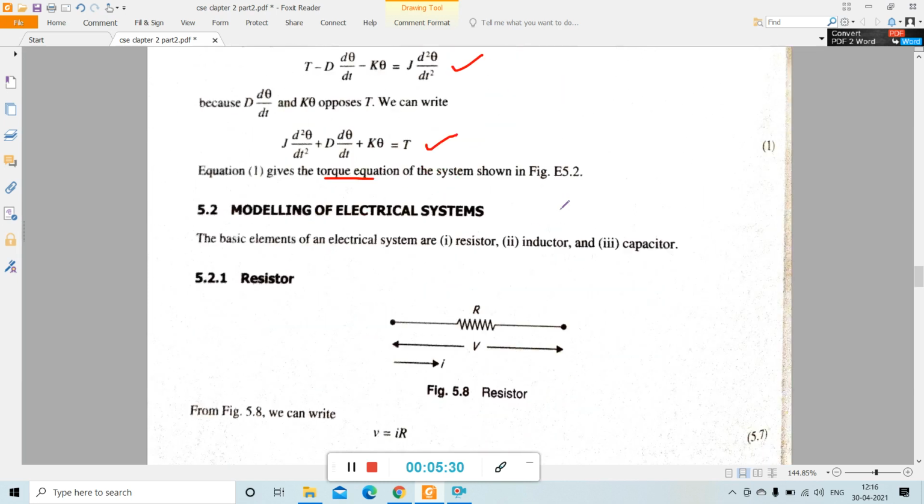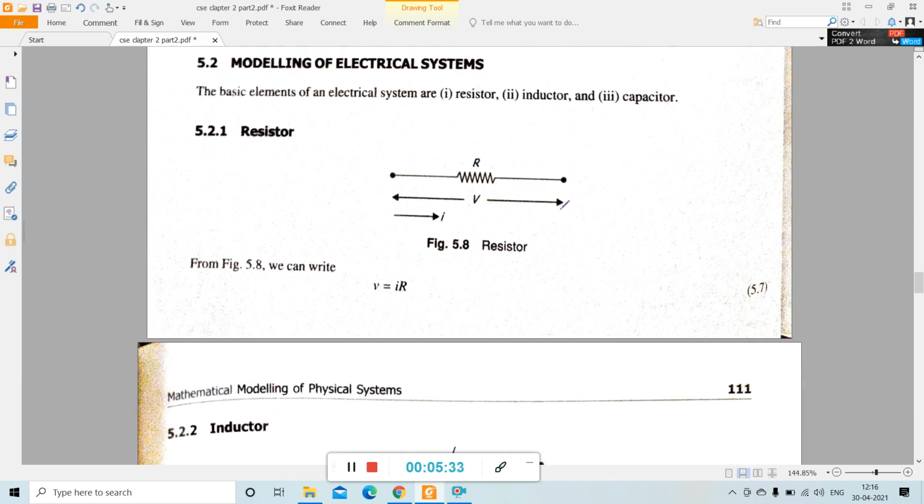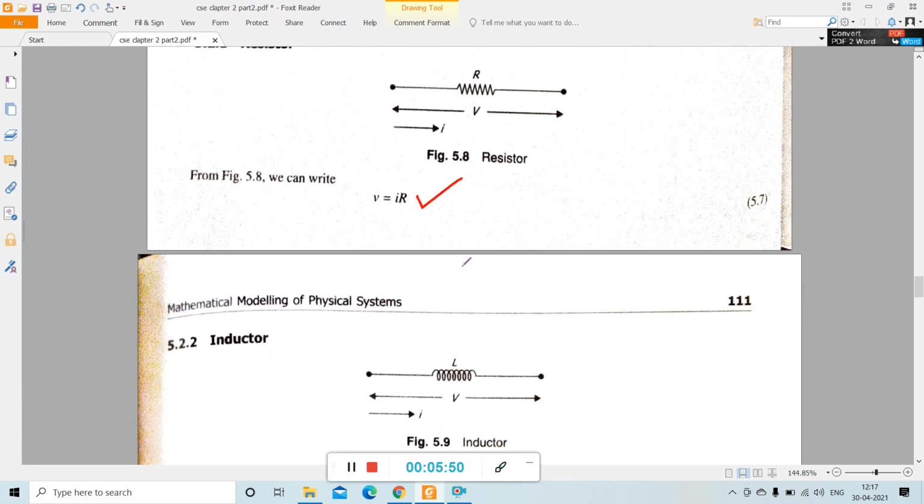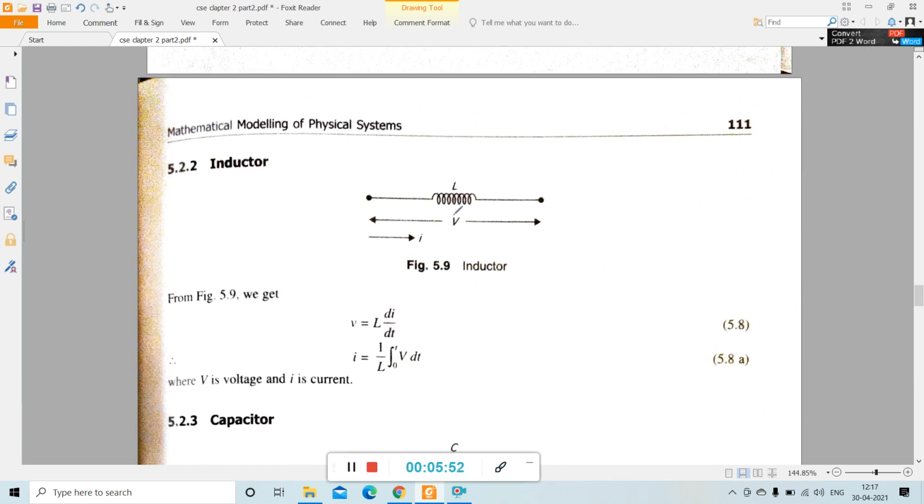Then the modeling of electrical system. In an electrical system, the elements are resistor, inductor, capacitor. First the resistor: this is the resistor element, voltage across it is V, current through it is I, so you can write V is equal to I into R. For the inductor L, voltage across the inductor is V and I is the current flowing through it, then V is equal to L di by dt and I is equal to the integration of V dt, from 0 to t.